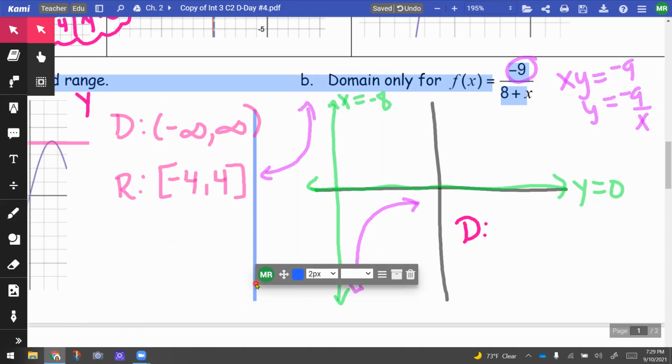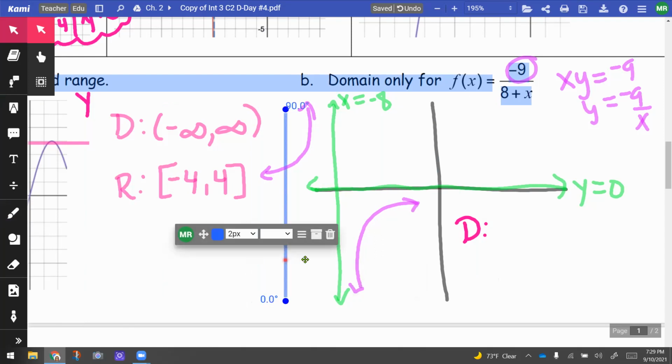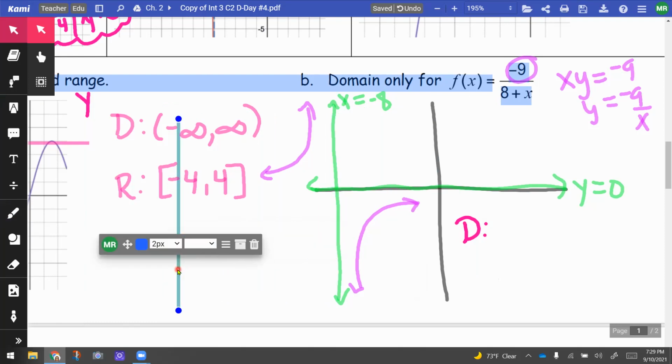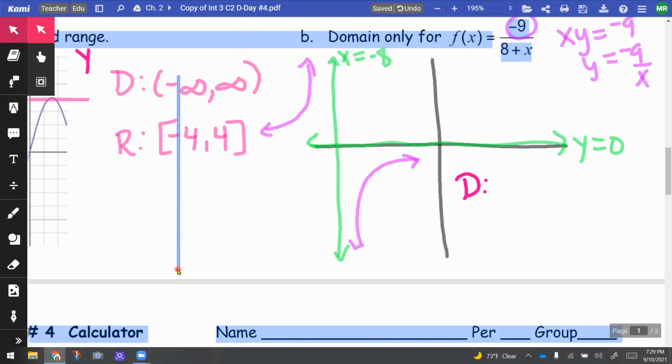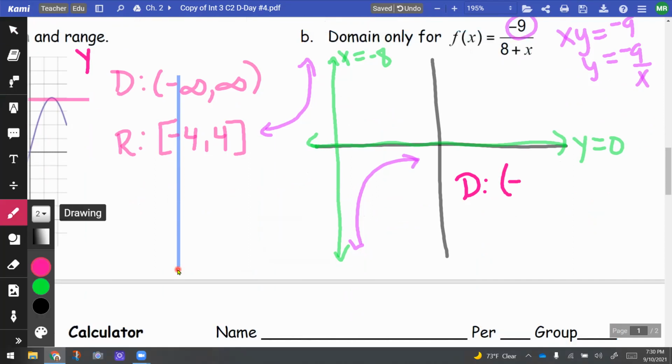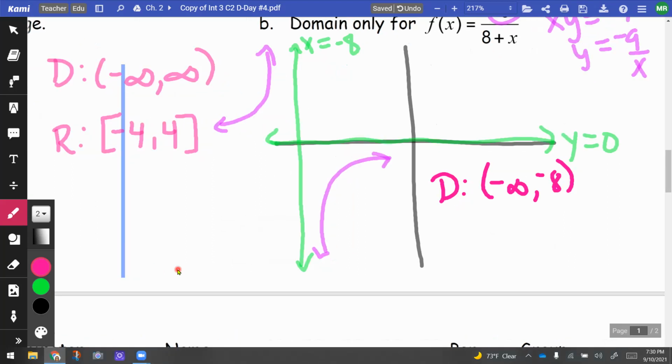So that means except for we have a gap at -8. Okay, so it's going to be everything except -8 because I have an asymptote there. So this is going to be, let me grab something to write with. This is going to be -infinity to -8, open bracket, union, open bracket, -8 to infinity.